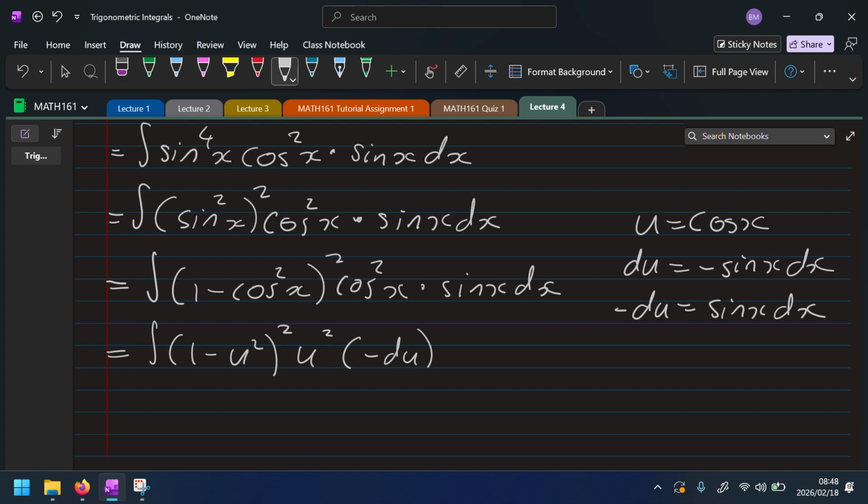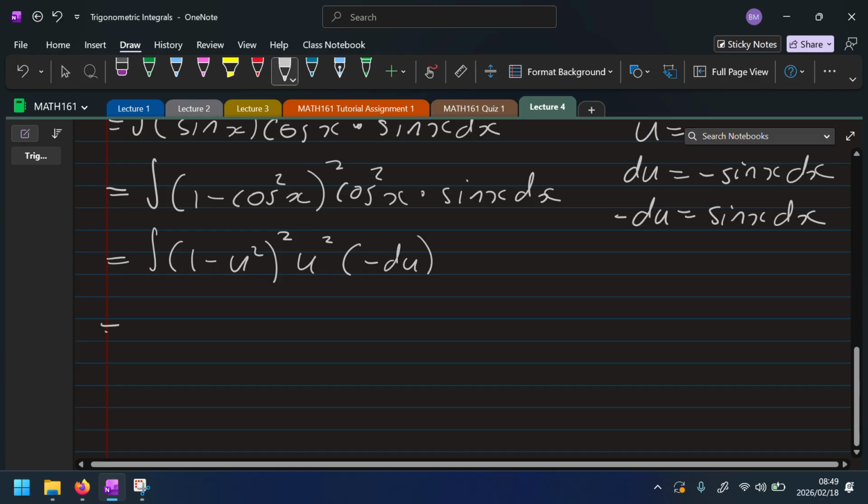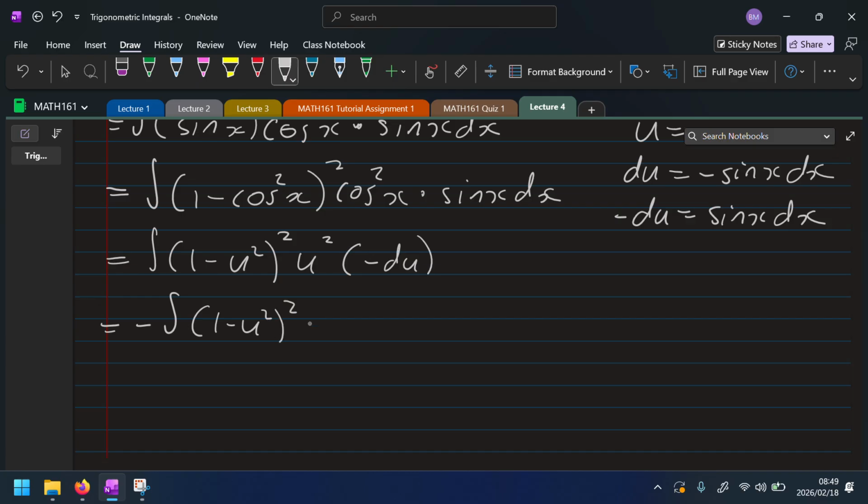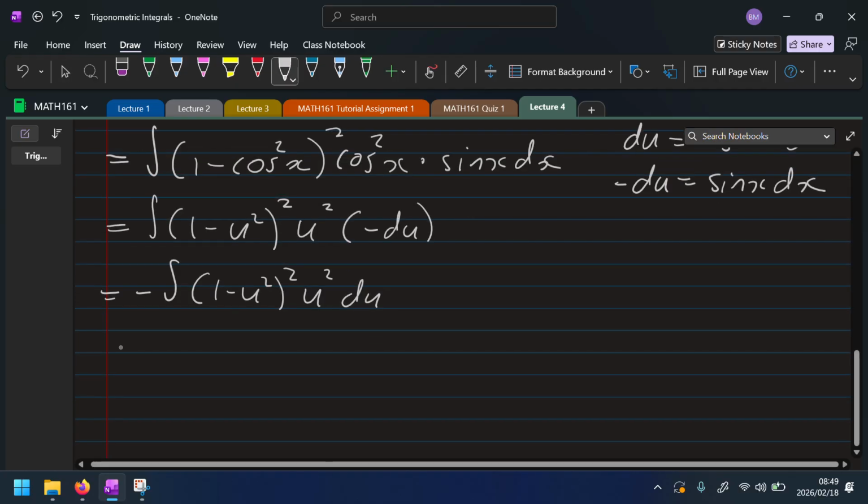Okay. Now, once we expand everything out, it's just normal power rule. So first, let's take the minus to the front. Then the square, let's expand that out.